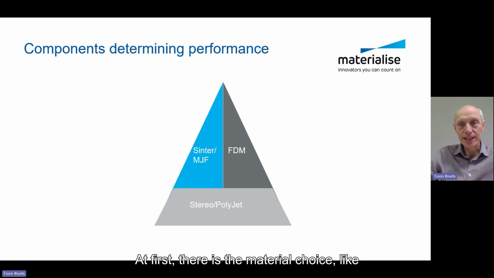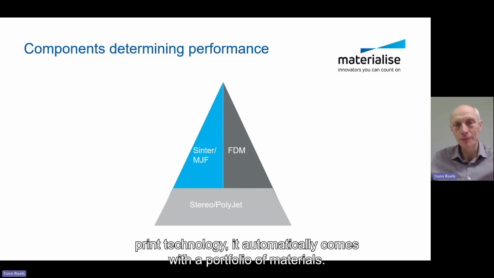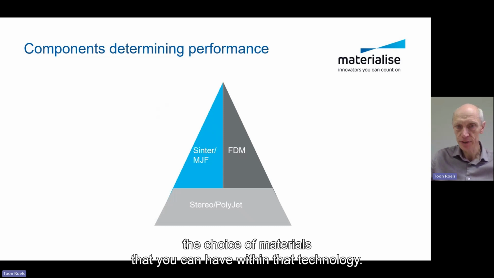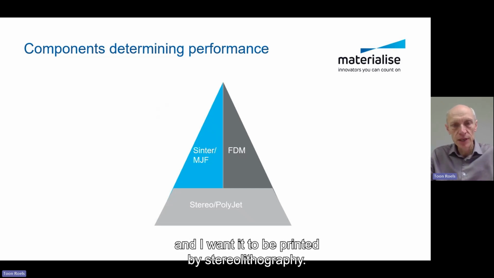At first, there is the material choice. When you are in a quadrant and when you look at a certain 3D print technology, it automatically comes with a portfolio of materials. So by selecting a technology, you limit the choice of materials that you can have within that technology. For example, it doesn't make sense to say, well, look, I would like to have ABS and I want it to be printed by stereolithography. That doesn't work.